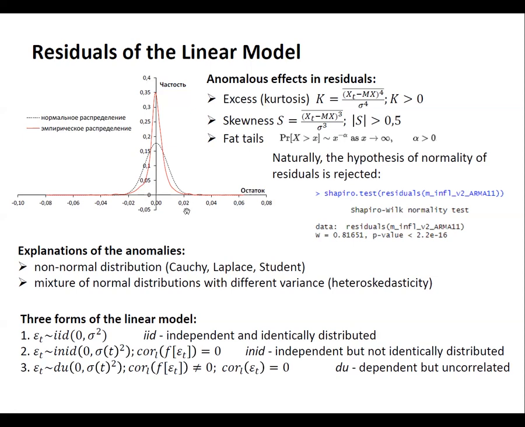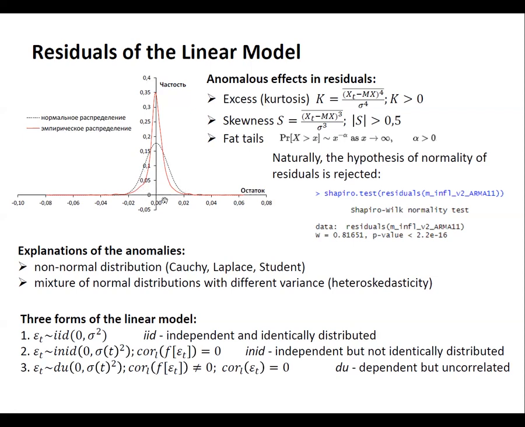Here we have a plot of the empirical distribution of residuals after applying the ARMA model for US inflation. This is the series that we analyzed in the previous lecture. And along with this series is the theoretical normal distribution.